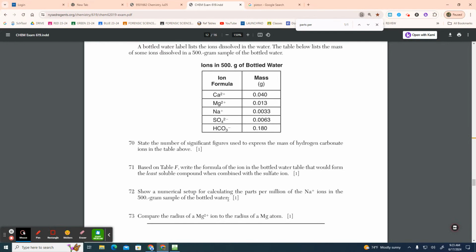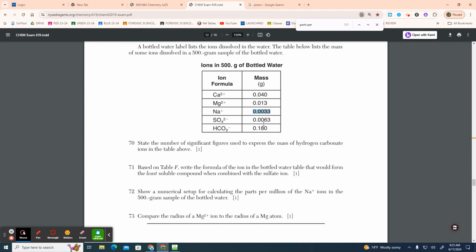Okay, what's the grams of solute? Solute is the substance that is being dissolved. That's the grams of solute.